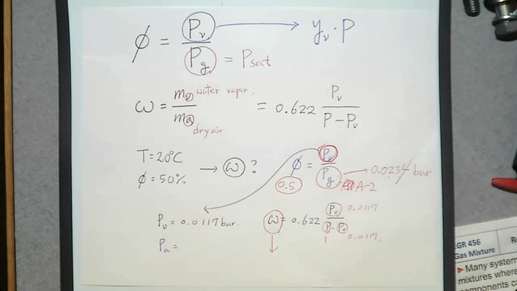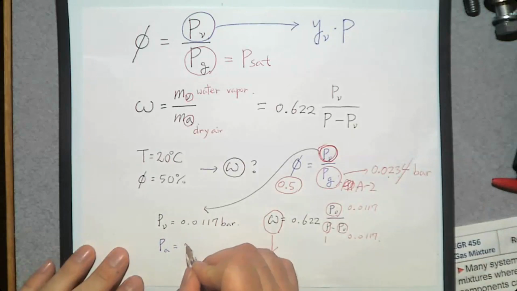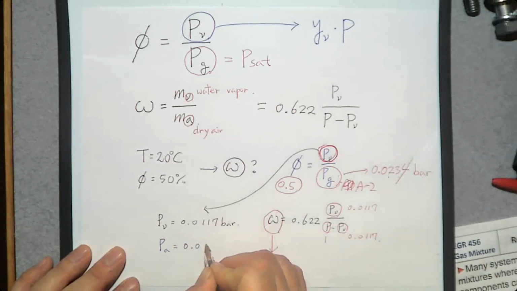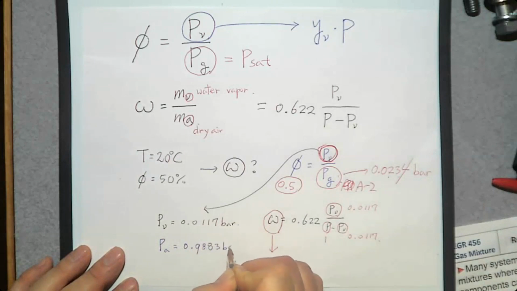So the moist air has 2 components, vapor and air. So the sum of all the partial pressures should be the mixture pressure. So the partial pressure of dry air should be 1 minus this number, 0.9883 bar.